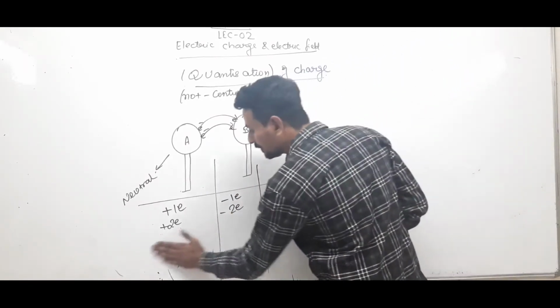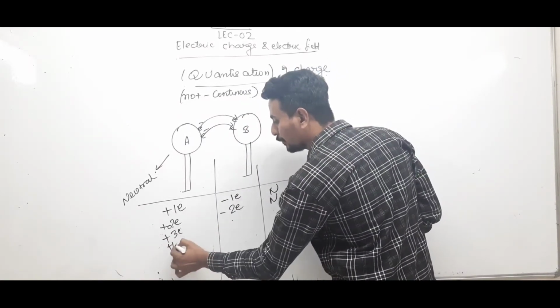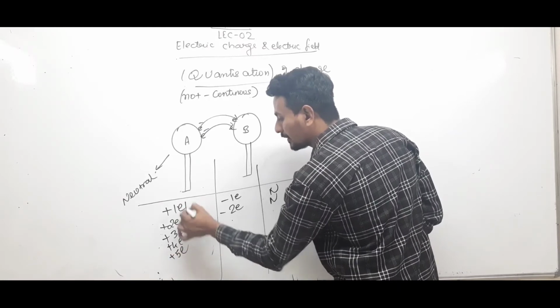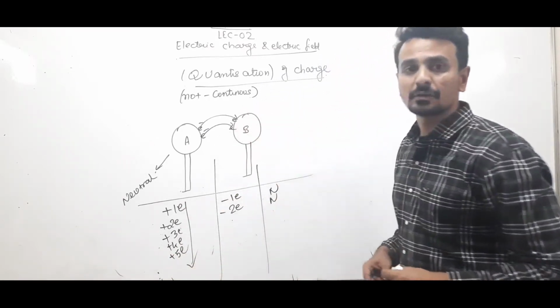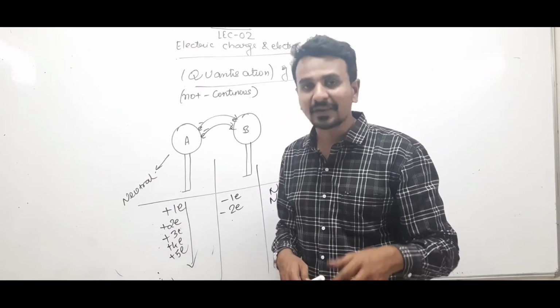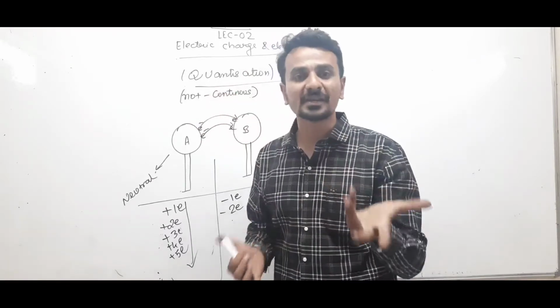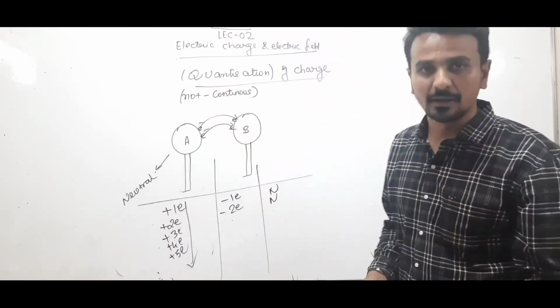So the next possible value for A will be +3e, +4e, +5e, because electrons as a whole will be transferred from A to B, right? We cannot divide the electron and say that okay, this part of the electron is being transferred. No, it is not possible.